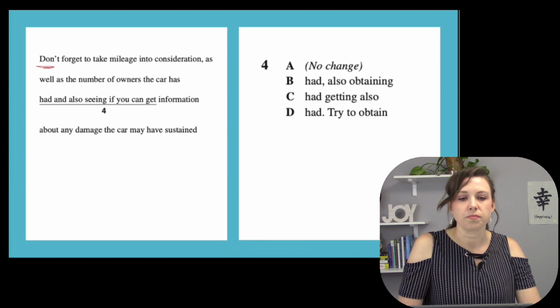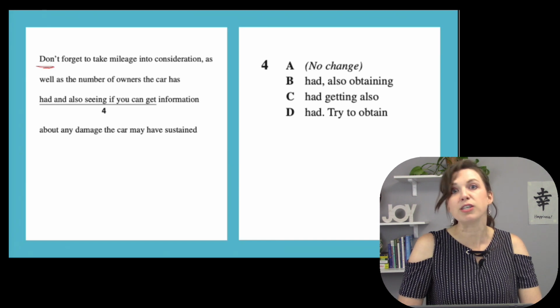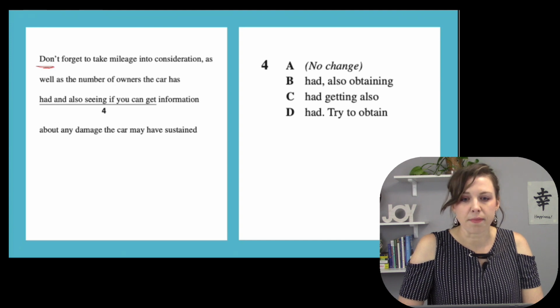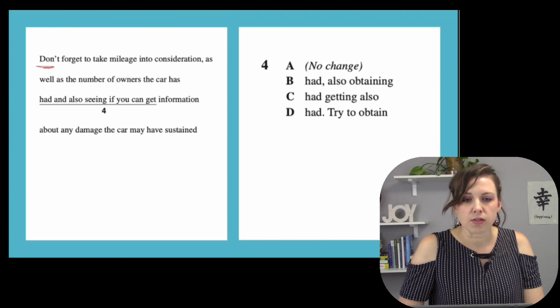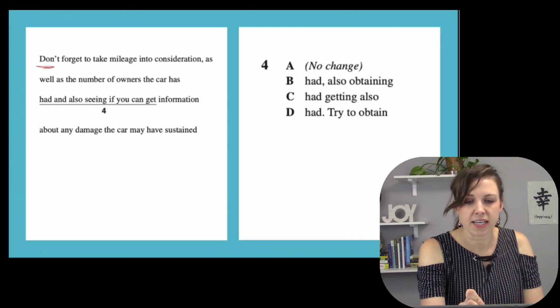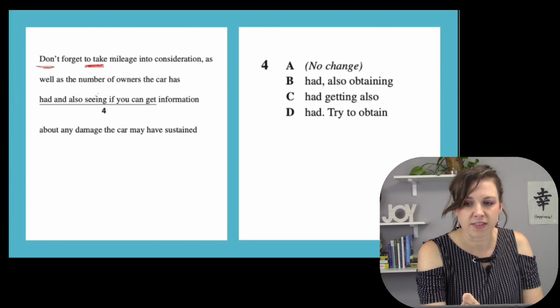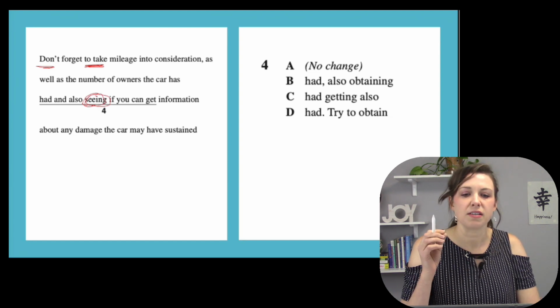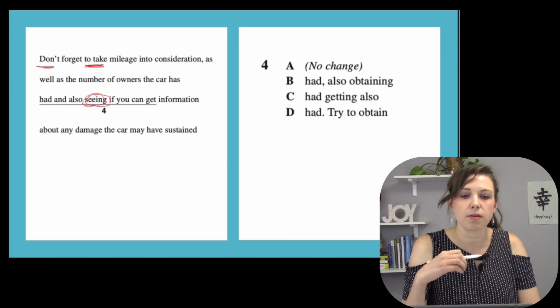One thing you want to do when you're looking at these is make sure that your verbs are very consistent. Notice how here it says "to take," but then it changes right down here to "seeing." It should maybe say "to see" or something like that.